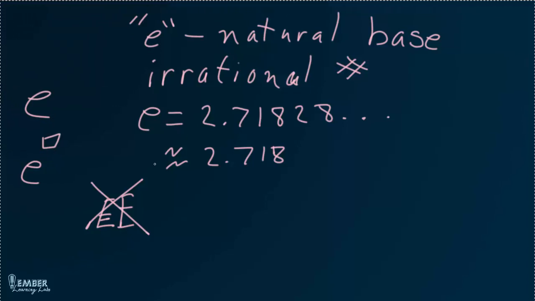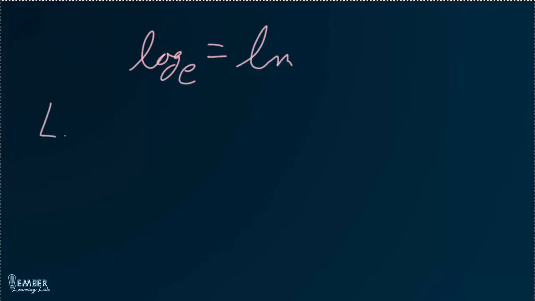Now, if you want to find the log base E, it has a special notation. It is notated as LN. You're also going to have an LN button on your calculator. I saw one the other day where it's LN with both capitals, which is a little bit weird because you don't see it written that way very often.